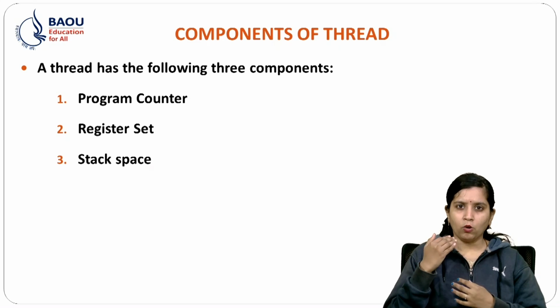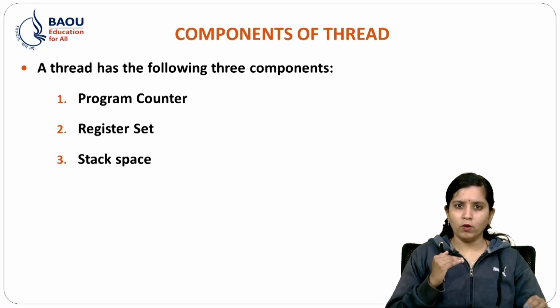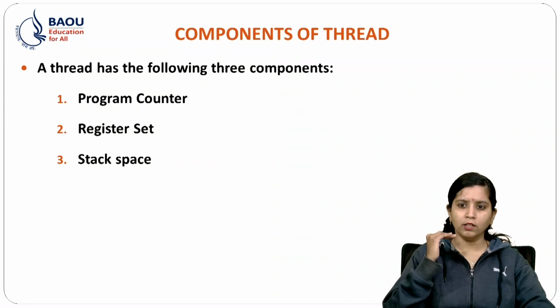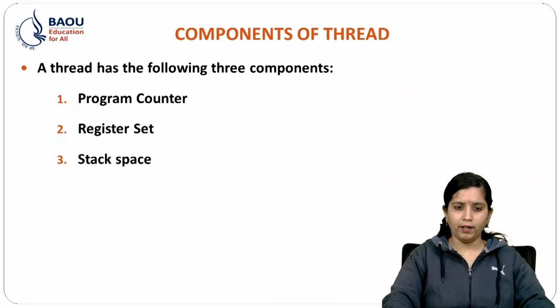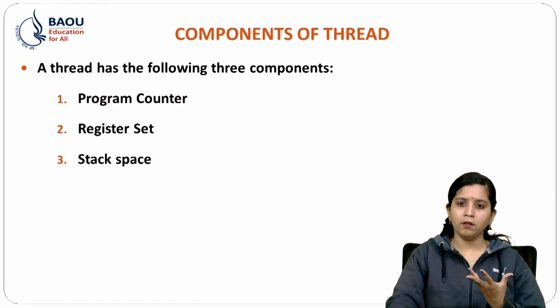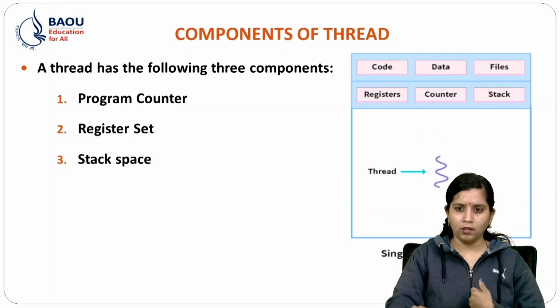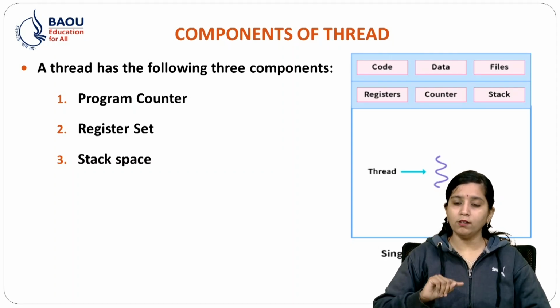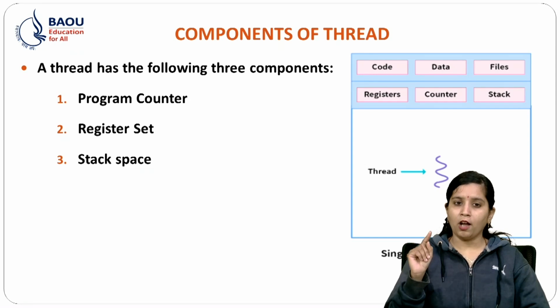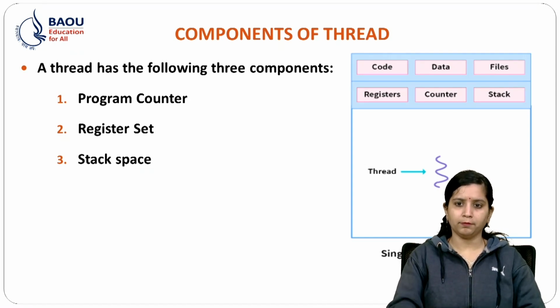Register set holds the current working variable. Stack contains the execution history. So these are the components of thread. How this looks in our memory, let's see. So this is a single thread which has its own register set, program counter, and stack space.